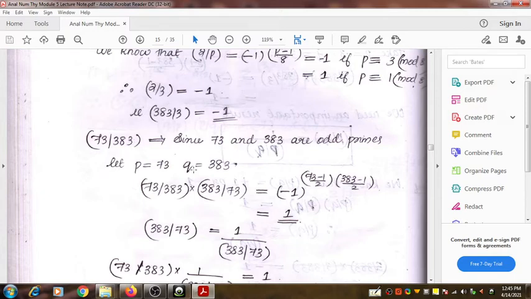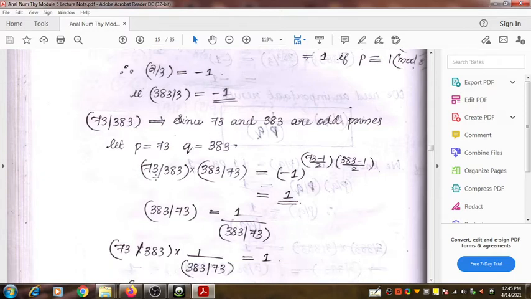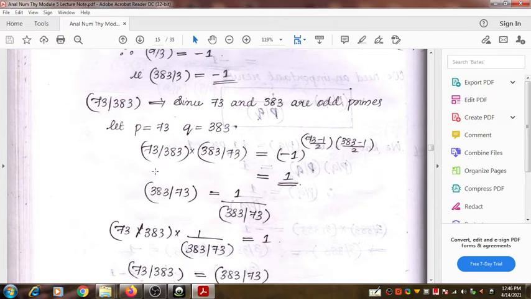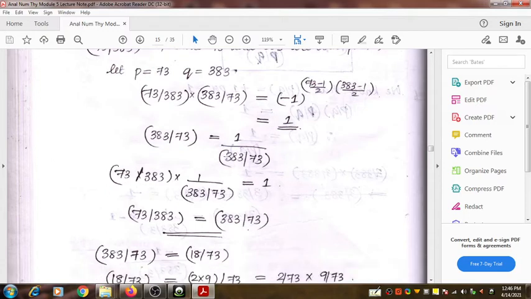Both are odd primes, so we apply the quadratic reciprocity law, and we get that (73 bar 383) into (383 bar 73) equals minus 1 to the power of (73 minus 1) by 2 into (383 minus 1) by 2, which equals 1.